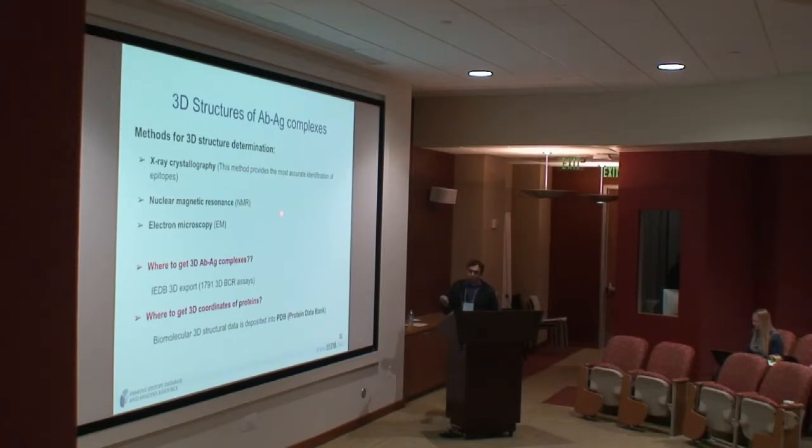Most of this data, well, almost all of it, is deposited in PDB, which is the primary database for 3D structures. But we have 3D antibody-antigen complexes already curated, and you have much more information such as CDRs and the particular epitope residues.